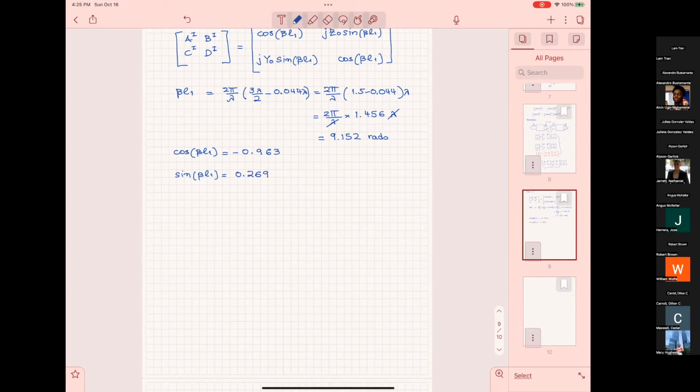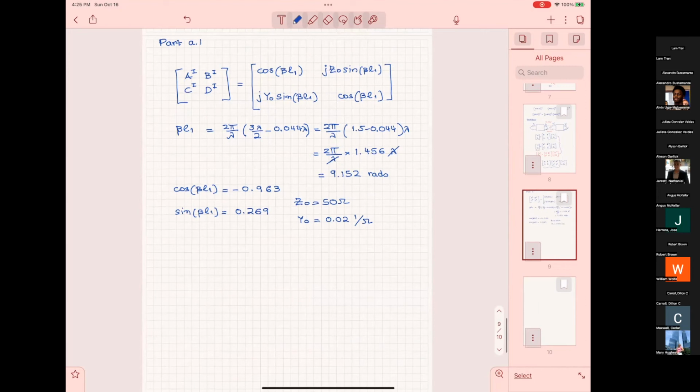Okay, and then I have Z naught, which is 50 ohms, and Y naught, which is 1 over 50, 0.02 1 over ohm. So now what do I find?